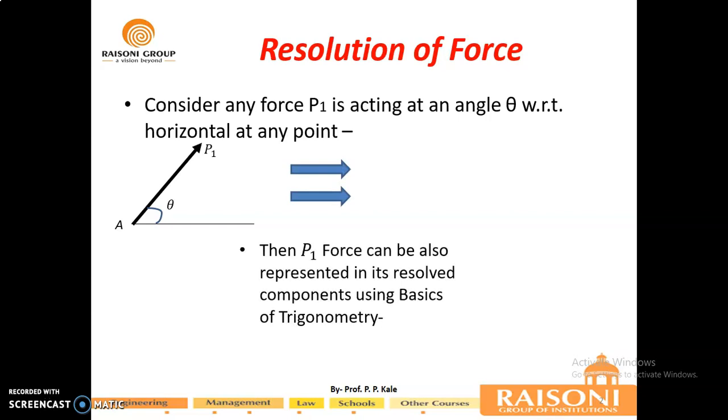So we can represent the force. Then the P1 force can be also represented in its resolved components using basics of trigonometry. So this inclined force can be represented in its horizontal component as P1 cos theta and its vertical component as P1 sin theta.